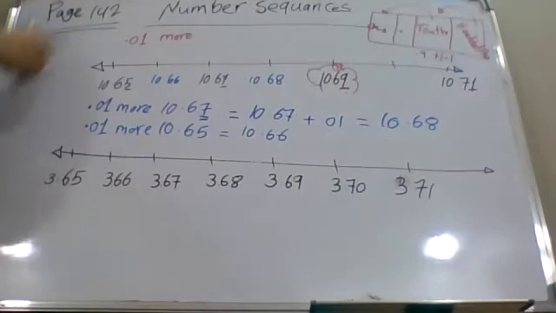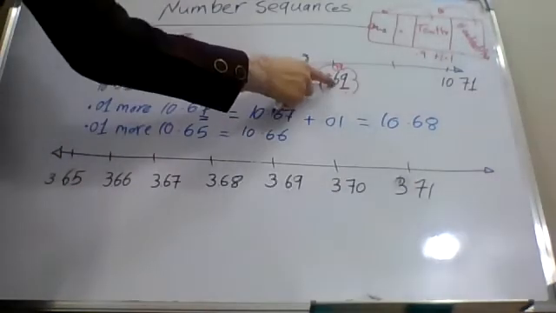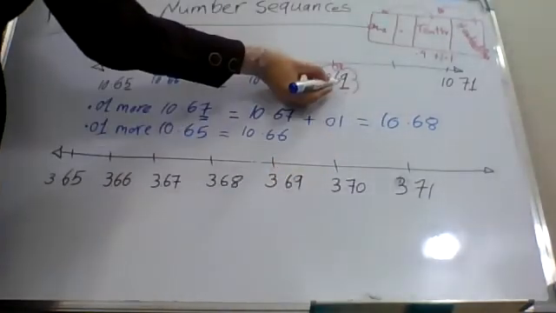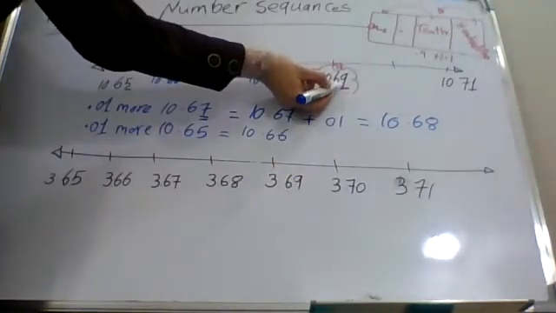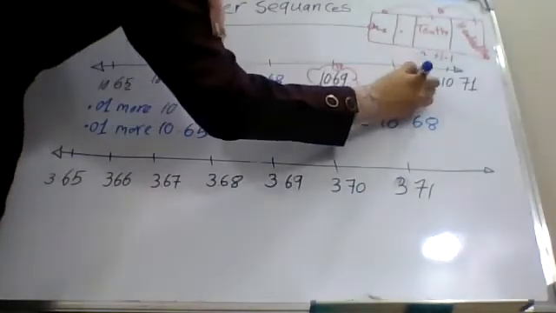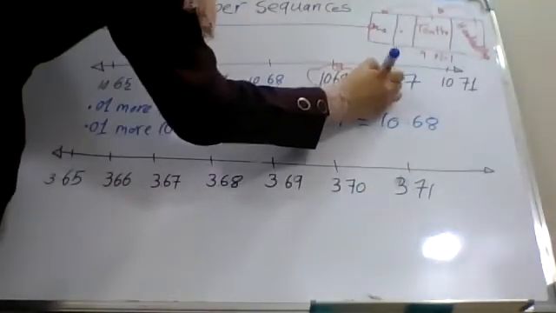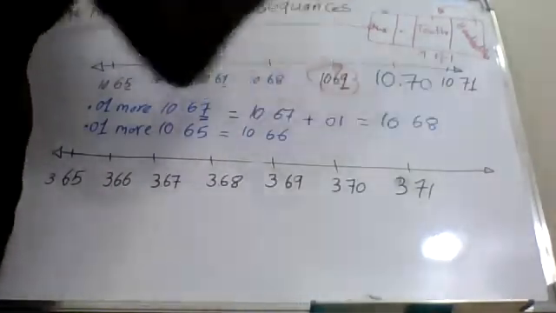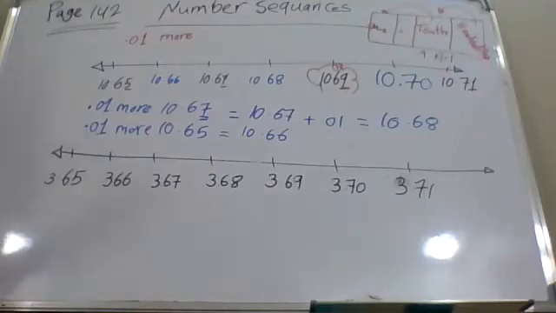I need 0.01 more than 10.69. If you add one more hundredth to the 100th place, it will give the next place, which is going to be 7, and there is no change on the 10th, okay? You can write 7 and here 0 for the 100th, okay?